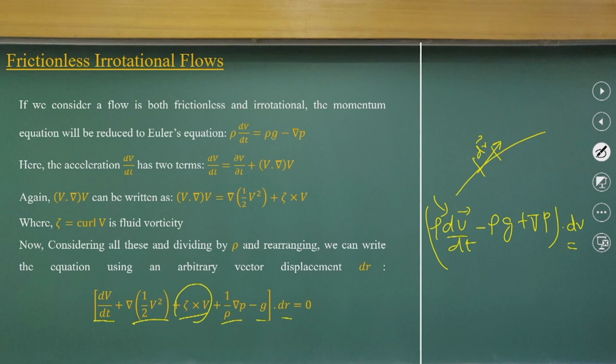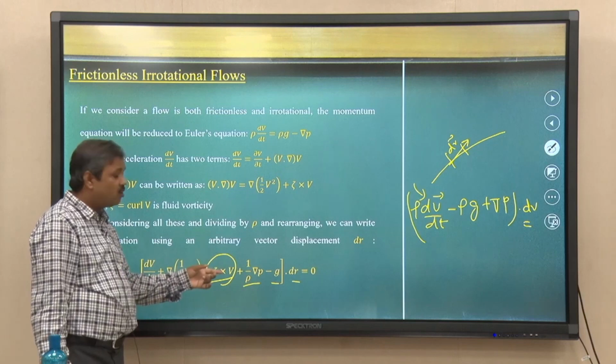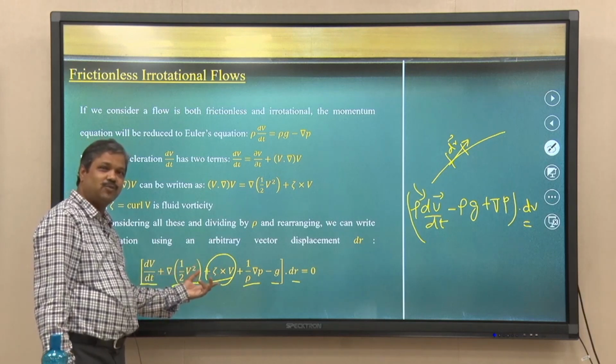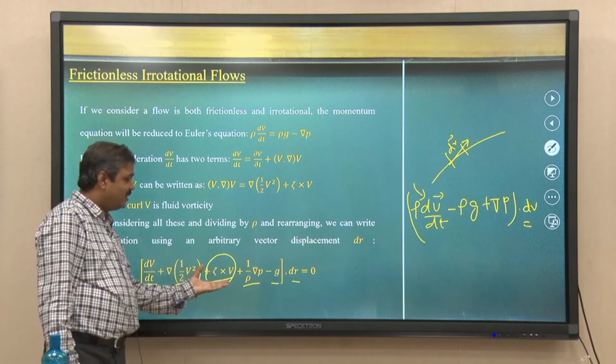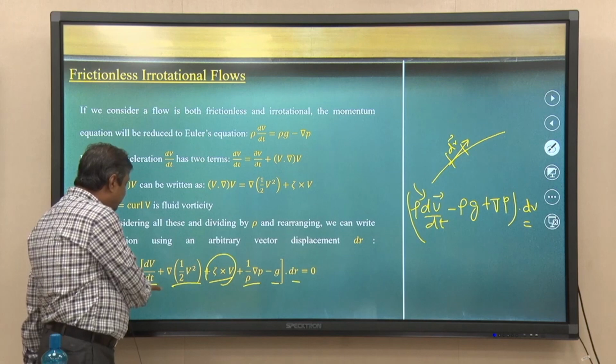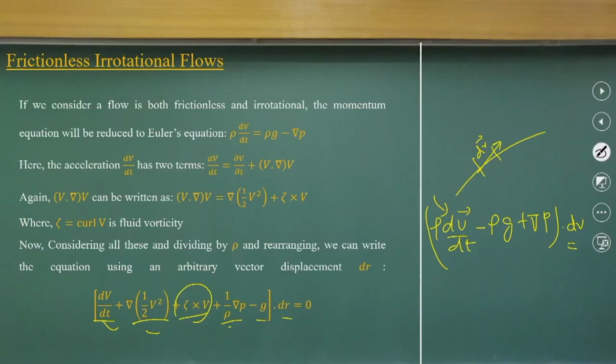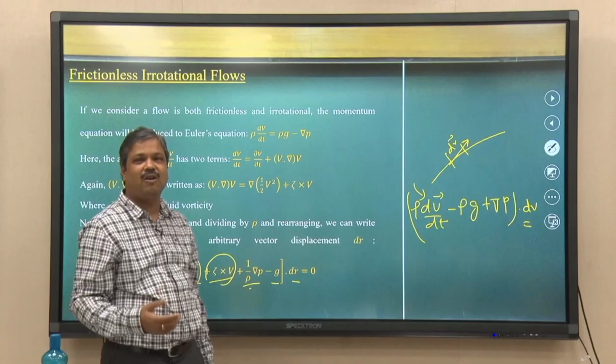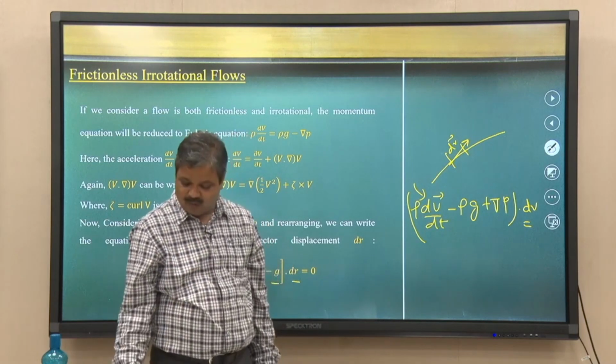The major conflict for me is this term. I will look at under what conditions this term becomes 0. This term, with the curl vector cross the V vector, is totally nonlinear. If it becomes 0, it is easy to integrate the remaining terms along the field dr. So, at what conditions does this become 0? That is what gives us all the assumptions we have in the Bernoulli equation.